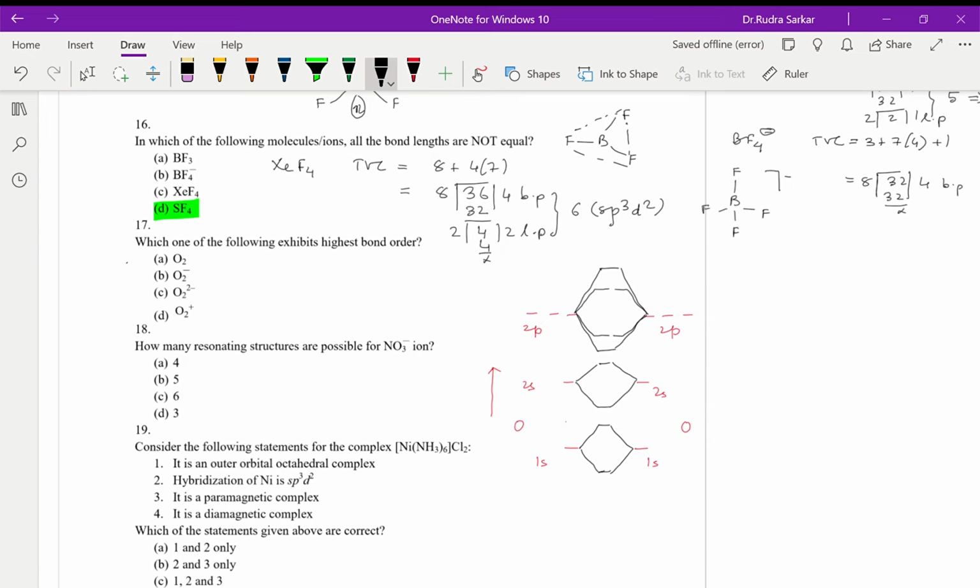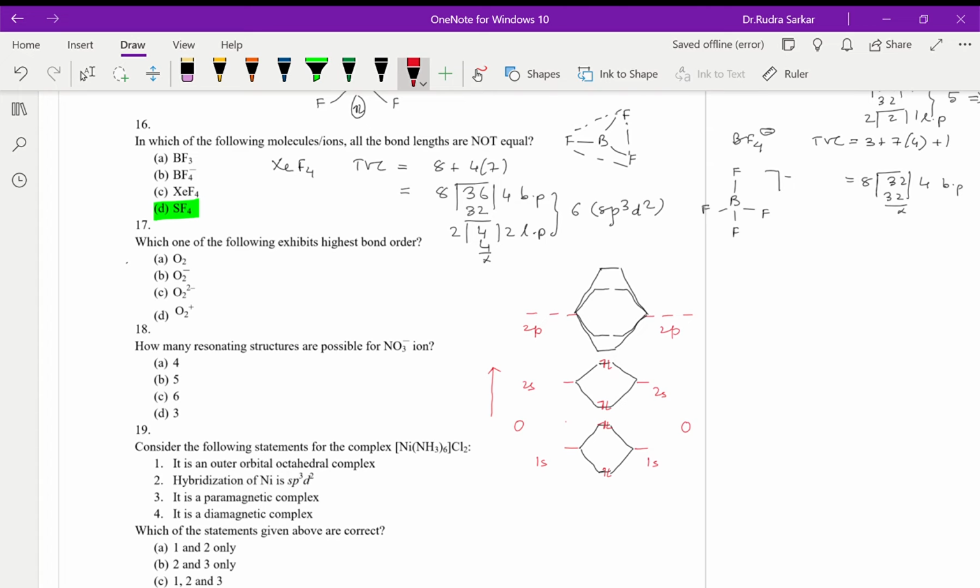Okay, so obviously it will be 16 electrons. So let's fill up 16 electrons over here. So say this is 1, 2, 3, 4. So these electrons get cancelled as in bonding and anti-bonding. 1, 2, 3, 4.